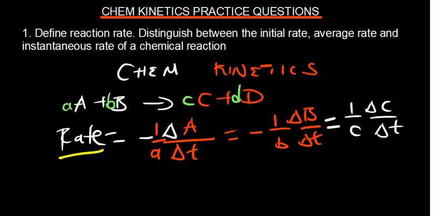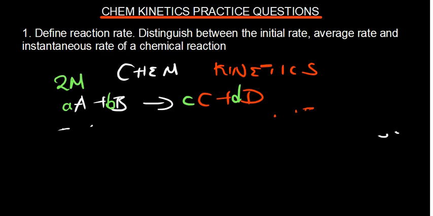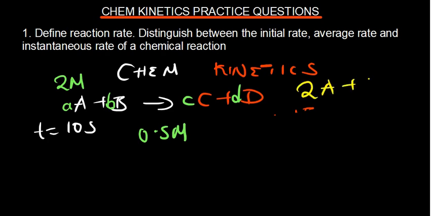Because for a reactant, let's say I study one where the concentration is 2 molar, and after a period of 10 seconds you find that the concentration reduces to 0.5 molar. You are determining the rate of that reaction, assuming it was 2A plus B. In terms of our A, our formula for the rate is going to be negative 1 over 2, which is the stoichiometric coefficient, multiplied by the change in concentration.